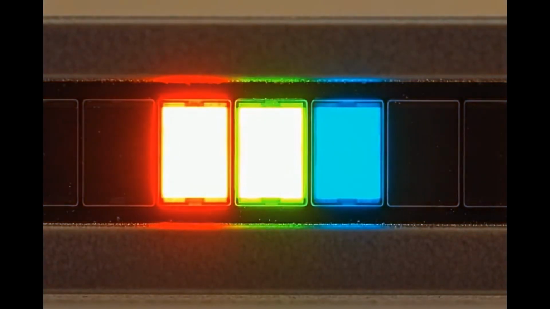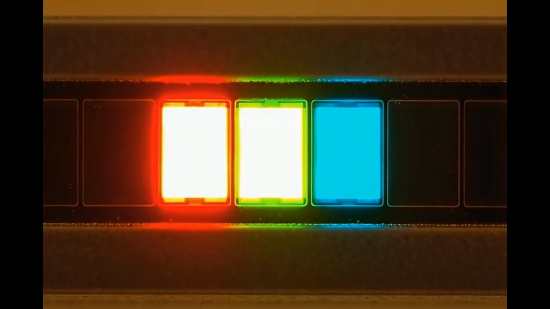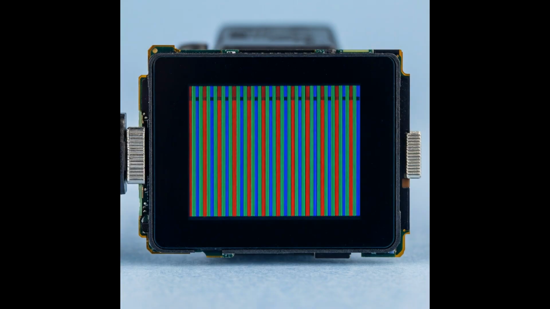To understand how screens generate color, we must examine the additive mixing of light at the subpixel level. Each pixel on a display is physically composed of 3 distinct emitters, one red, one green, and one blue. These primary colors do not mix through pigments but through the direct addition of luminous intensity from each source.